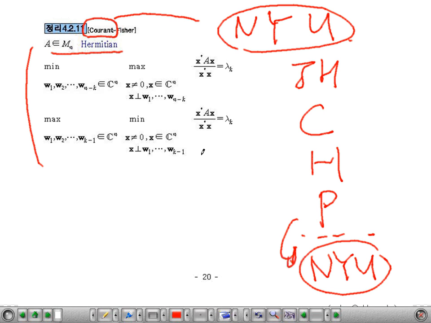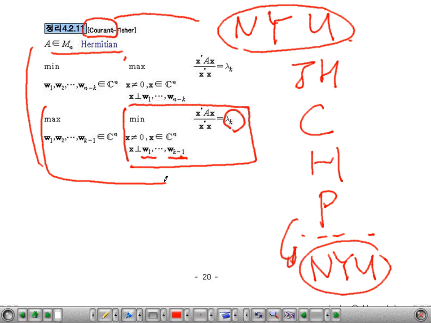Okay, anyway, Courant-Fischer. If it's a Hermitian matrix, then the minimum of this, over w1 to w(k-1), gives you the kth smallest eigenvalue from here.